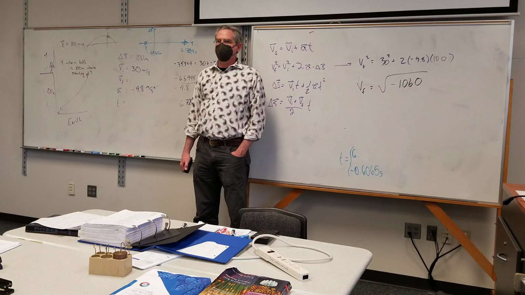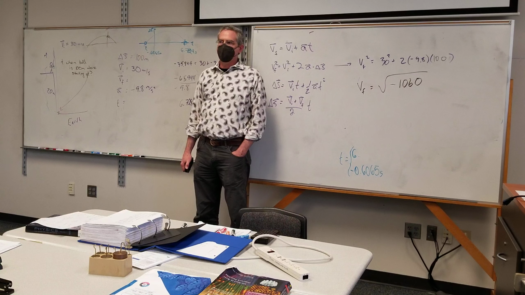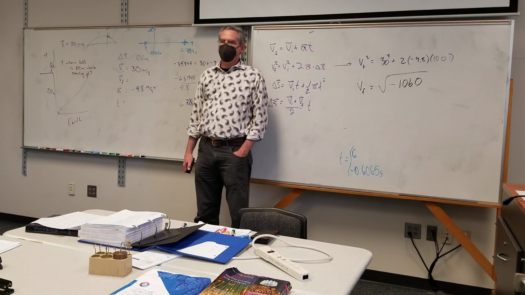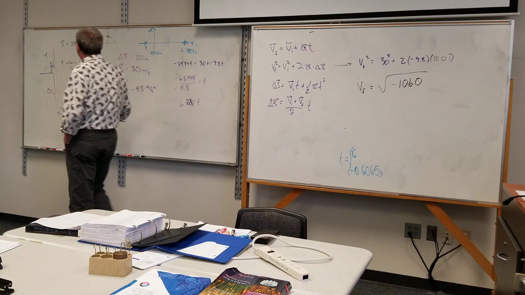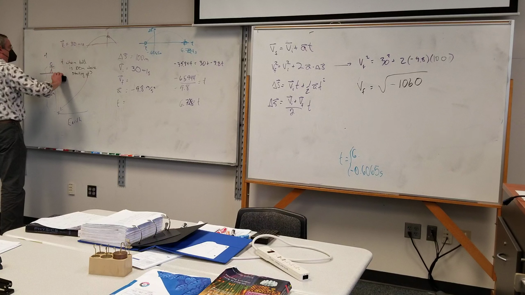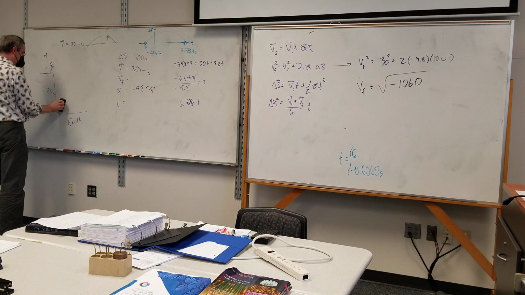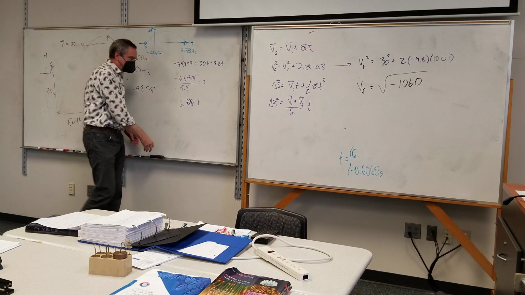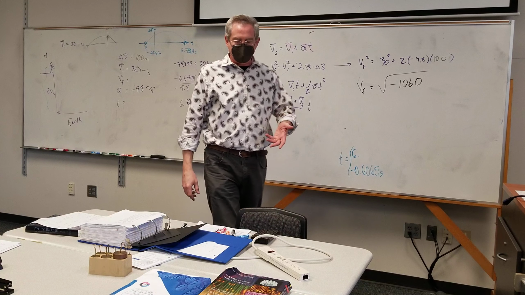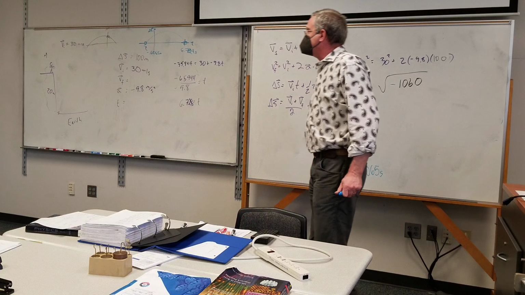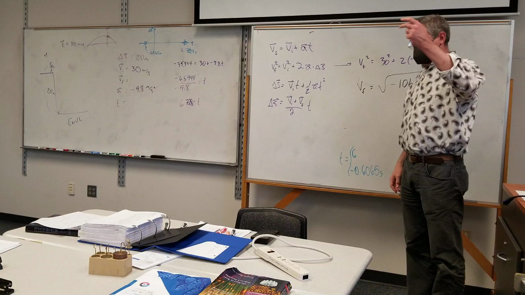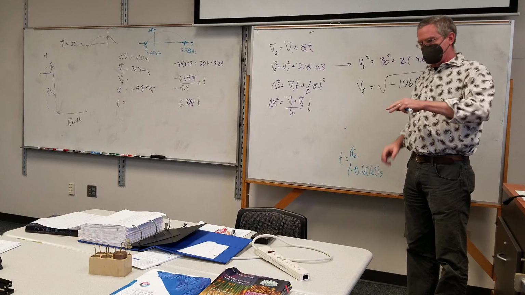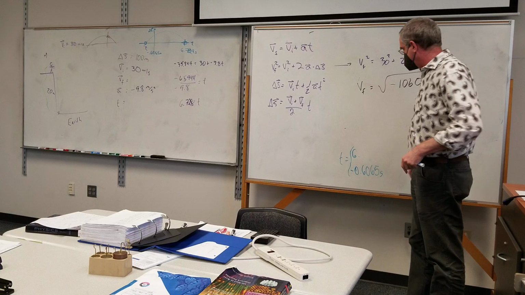Other questions before I erase part of this? Now, I know I've done a video on the next thing I'm gonna talk about, and I'll use different numbers, but I wanna at least make sure we've got it down before we start playing around with it.